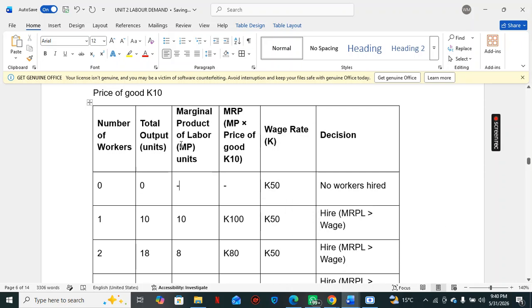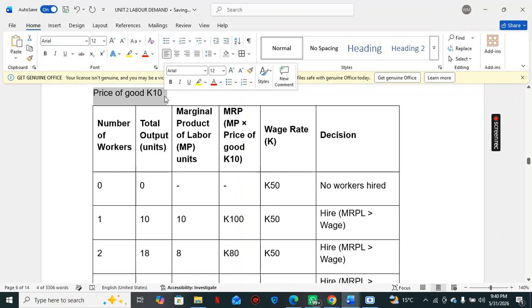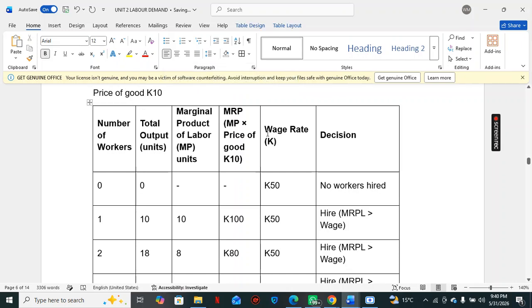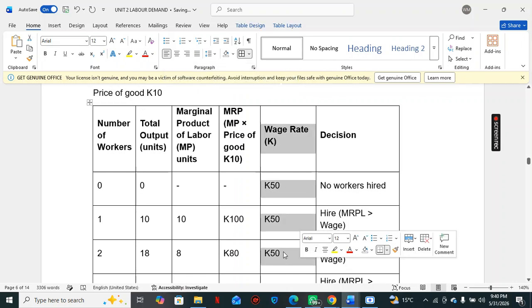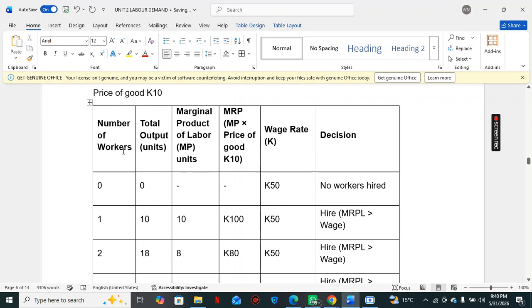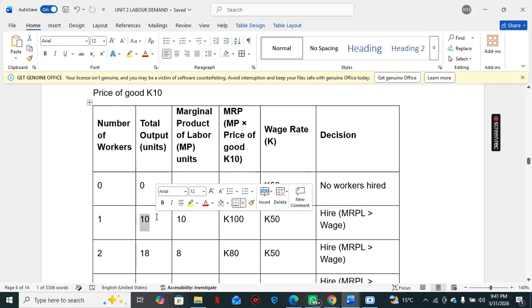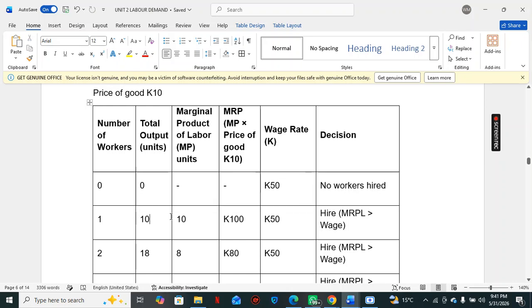So let's say this company sells a good for 10 kwacha. The wage rate is 50 kwacha. When you have zero workers, the output is zero. Decision: no workers hired. Wage rate still stays the same. You bring in your first worker. They produce 10 units. Marginal product of labor, 10 minus 0, is 10.